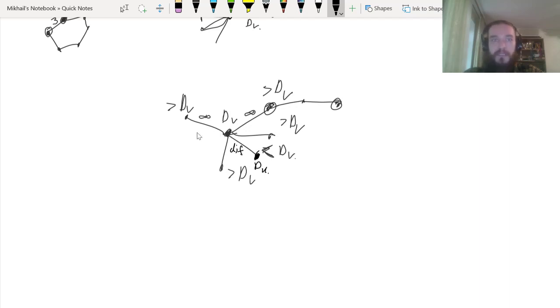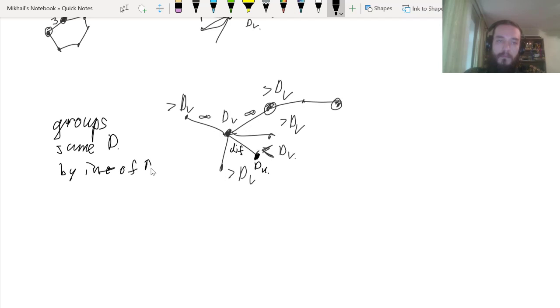We want to consider vertices in groups with the same dv, with the same value d, and we do that by increasing d. First we consider all vertices with the smallest d, and let's consider only edges between such vertices.